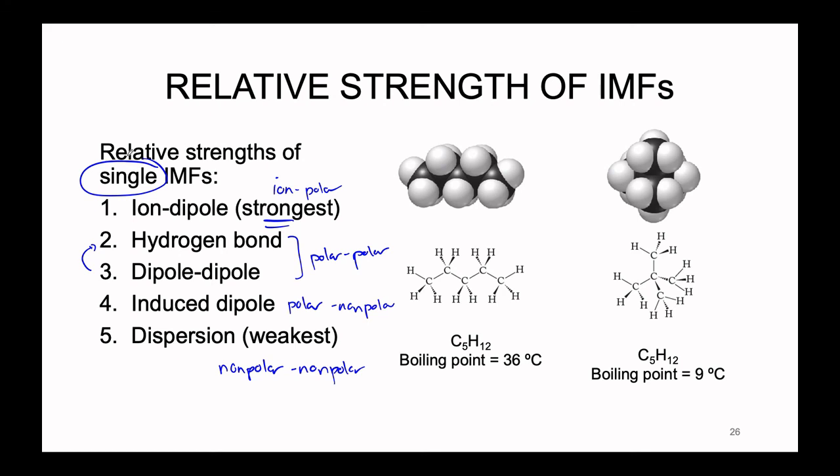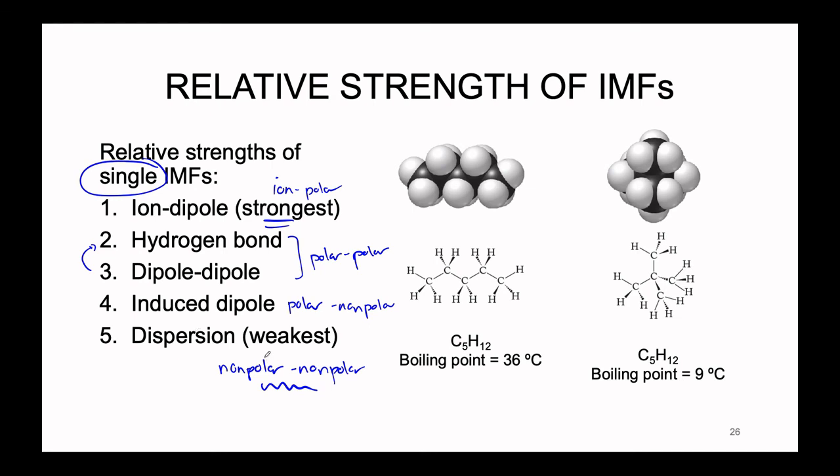If we are observing one dotted line connecting two different molecules, one where it happens to be ion dipole, the other that happens to be dispersion. However, as I've also been discussing thus far, our intermolecular forces can kind of stack on top of one another. We rarely ever only have just one intermolecular force, unless we are looking at nonpolar and nonpolar molecules coming together, because the only type of IMF they can really form with each other is dispersion.